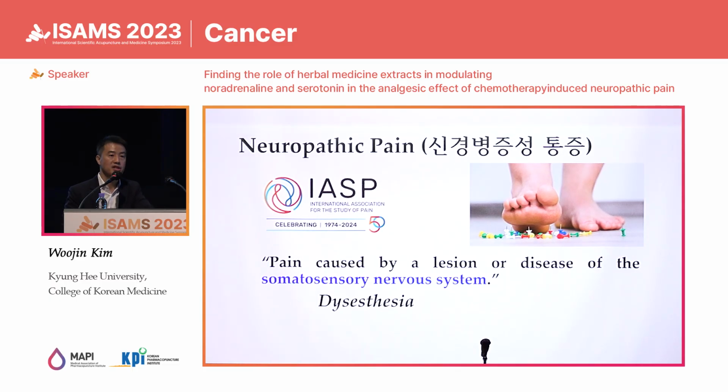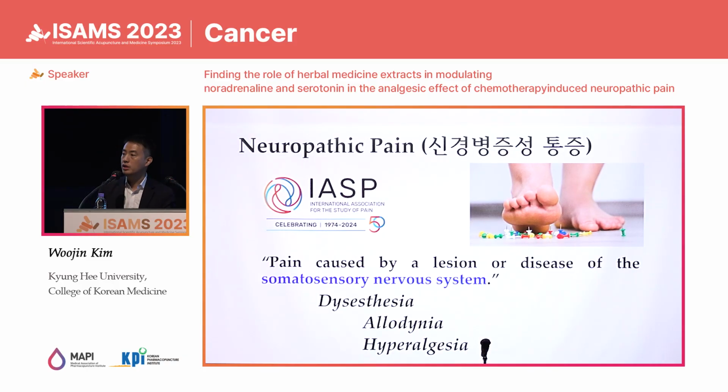Within dysesthesia, there are allodynia and hyperalgesia. Allodynia is a non-painful stimulus which becomes a pain, and hyperalgesia is a small pain which becomes a bigger pain. These are the two pain characteristics of neuropathic pain.